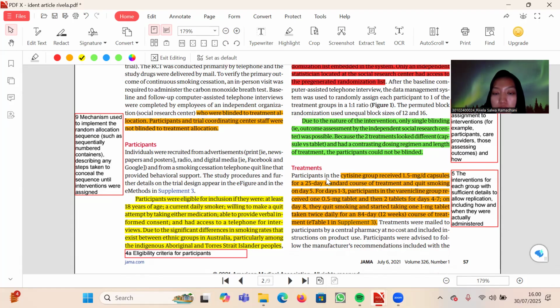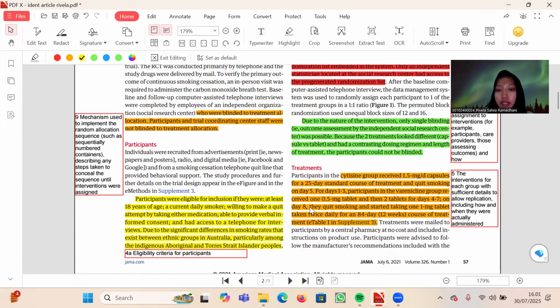Participants in the cytisine group received a 1 milligram capsule for a 25-day standard course of treatment and quit smoking on day 5. For days 1 to 3, participants in the varenicline group received one tablet, and then two tablets for days 4 to 7.